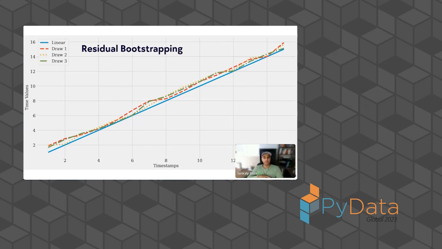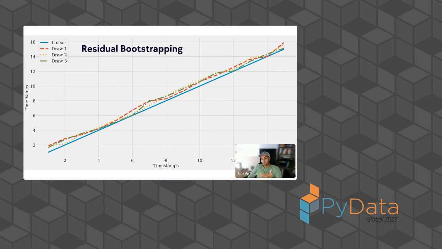In tsbootstrap, I've provided several statistical models, starting with ARIMA, SARIMA, AR, and some volatility-based models also to deal with financial data. This particular method can be advantageous as it allows the bootstrap method to take into account the structure of the model. So fit a model of your choice to the original data, get the residuals, resample the residuals, add them back to the fit, and that's your new time series.